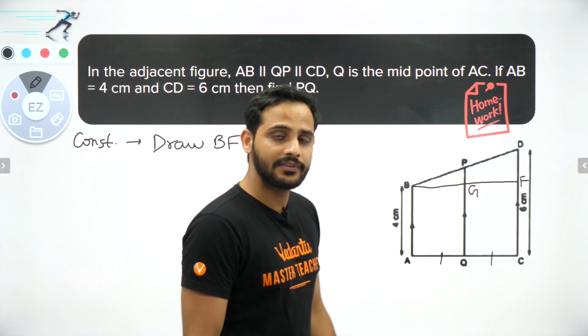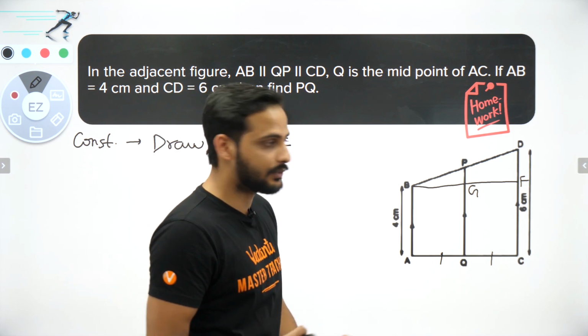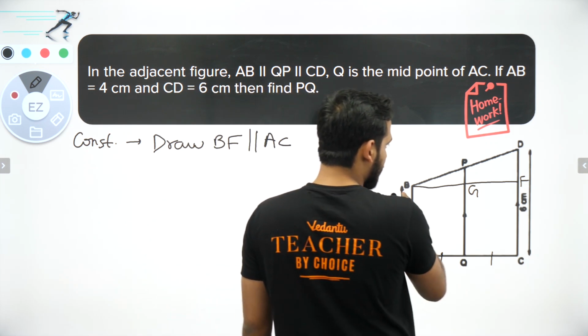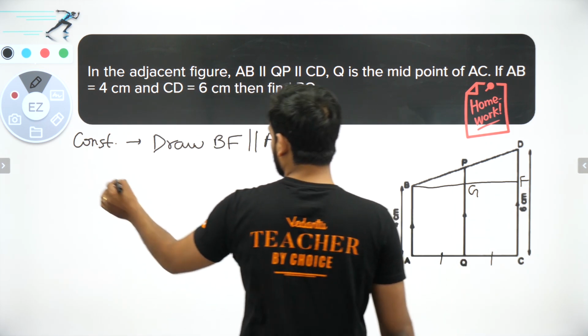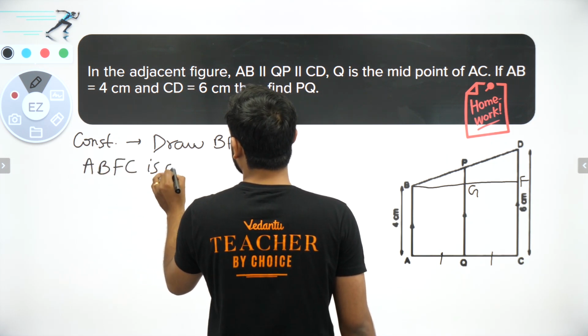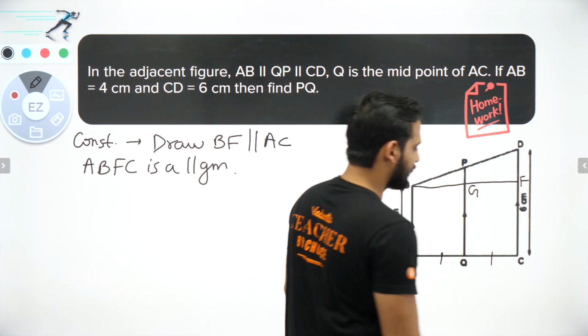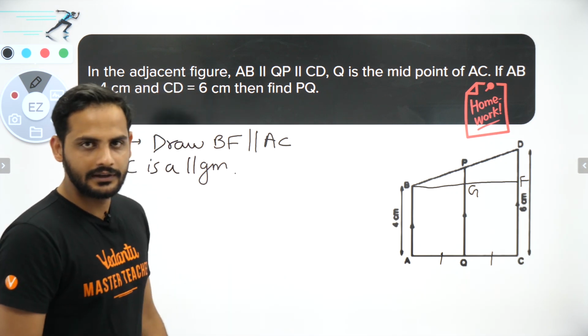If two pairs of opposite sides are parallel to each other, I can say that ABFC is a parallelogram, because of our construction.